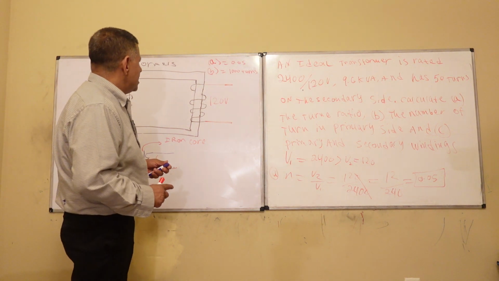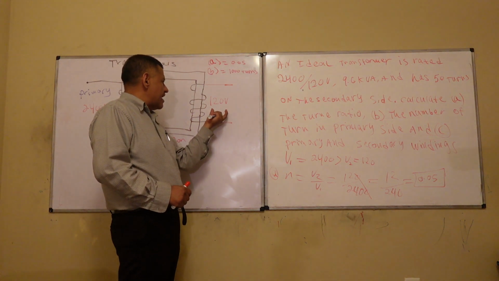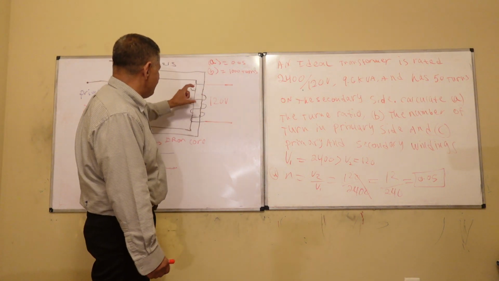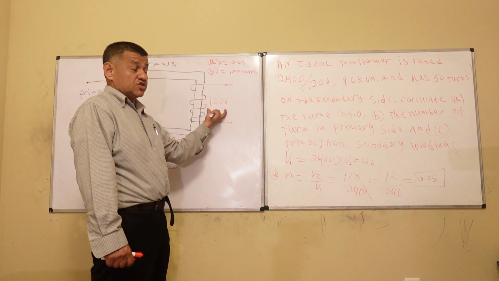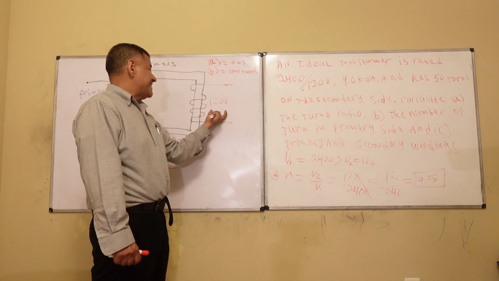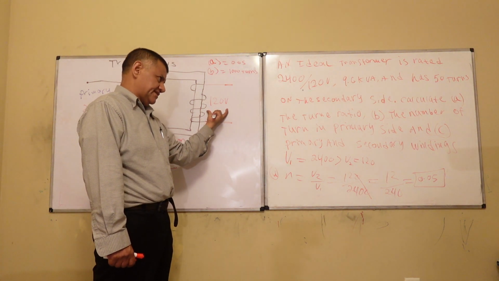By analyzing this, you can see that the current on this side of the transformer, the primary, is going to be higher. The lower the voltage, the higher the current.